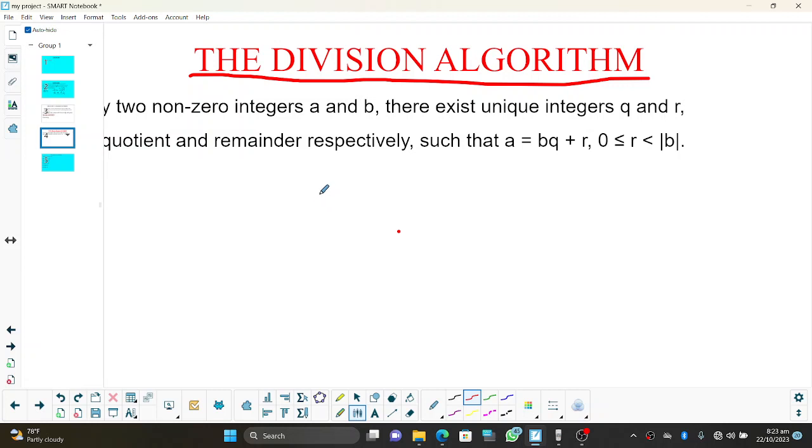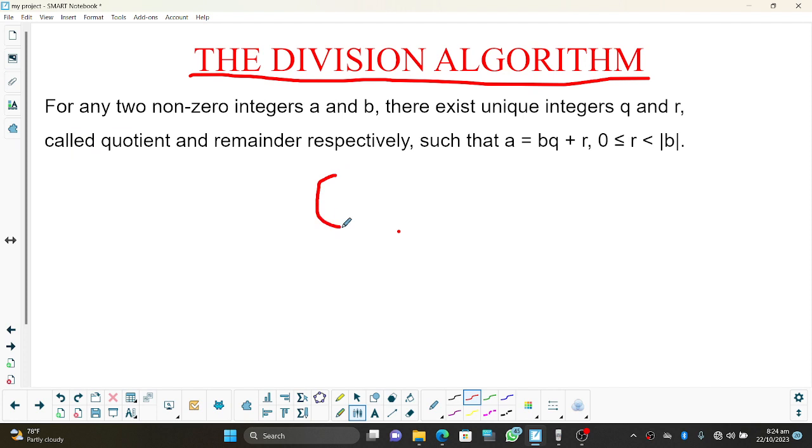So if I have, let's say, 6, then 6 can also be written as 2 multiplied by 3 plus 0.